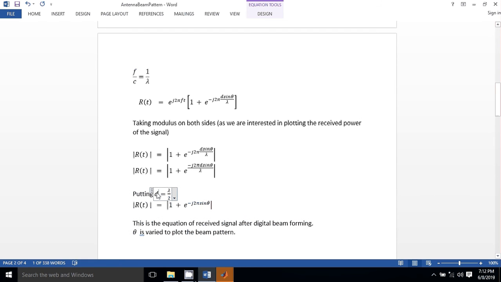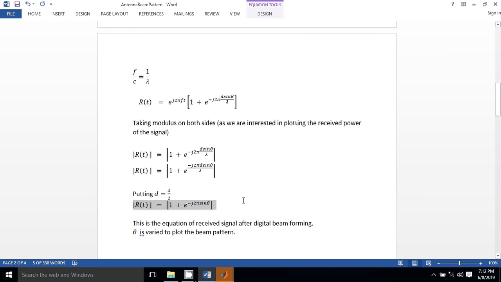Therefore, we assume d is equal to lambda by 2, or it should be even less than lambda by 2, because we need to satisfy the Nyquist criteria of sampling in the space domain. We cannot use more than lambda by 2. We need to go below lambda by 2 as per the Nyquist rate. Now when we put d equal to lambda by 2, finally we get this equation.